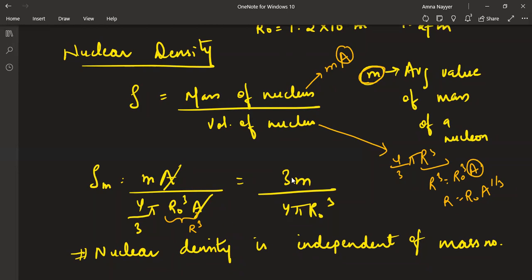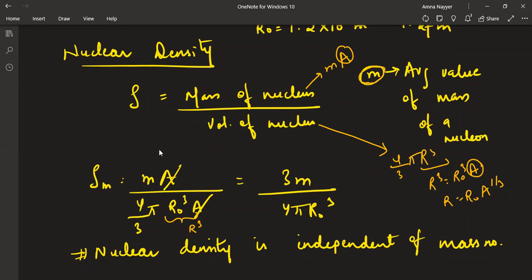Now see class, 3 is a constant, average mass of a nucleon is a constant, 4 is constant, pi is constant, even R naught is constant, 1.2 fermimeters. So if we put all the values, we should get one specific value, because now it is not depending on the element's atomic number or mass number.